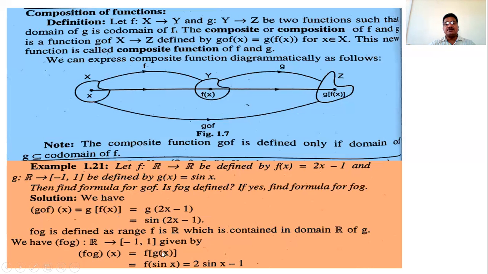What is g(x)? g(x) is sin x. And what is f of sin x? f(x) is 2x - 1, so f(y) is 2y - 1, f(3) is 2 times 3 minus 1. So f of sin x is 2 sin x - 1, and this is the formula for f circle g.